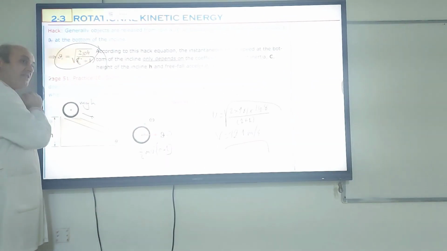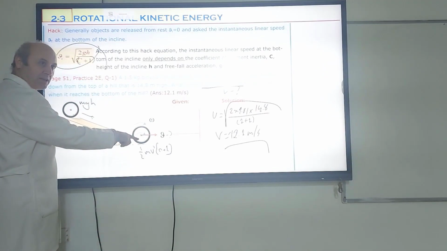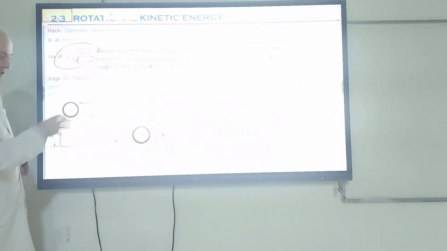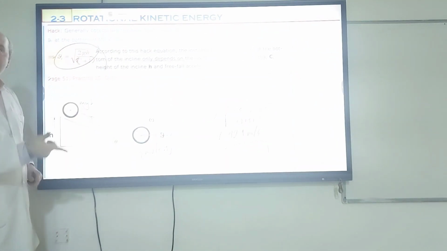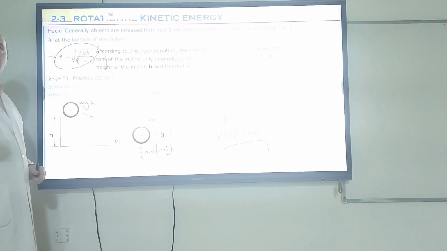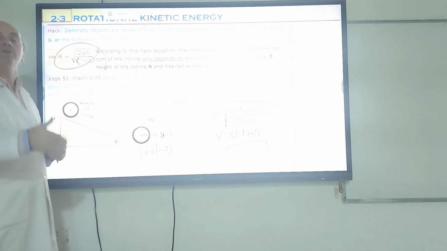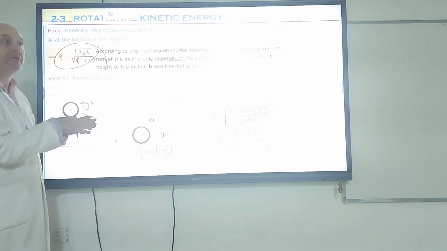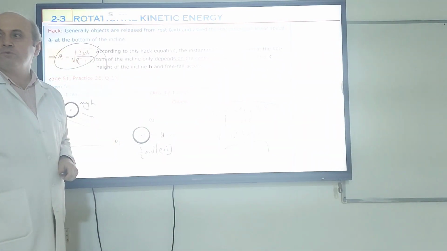That's why it will slide very fast, and its translational speed at the bottom is going to be bigger than this. Because in rolling cases, the potential energy at the top is converted to translational kinetic energy plus rotational kinetic energy. That's why in the rolling case it moves down at a smaller speed. That makes the sliding case faster than the rolling case.